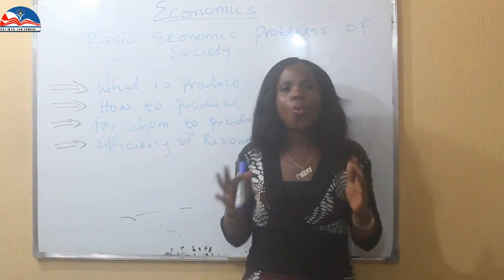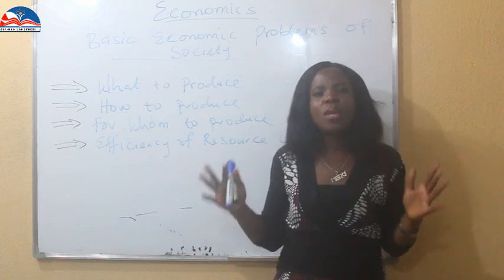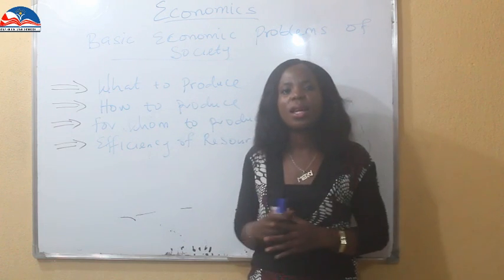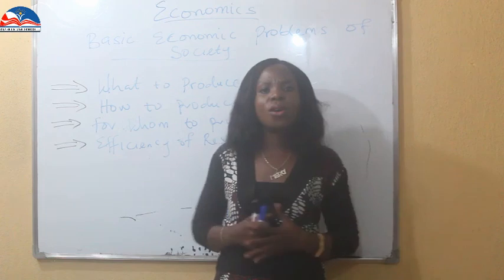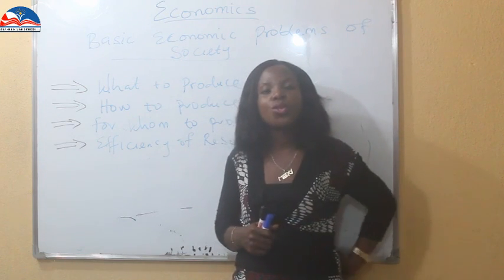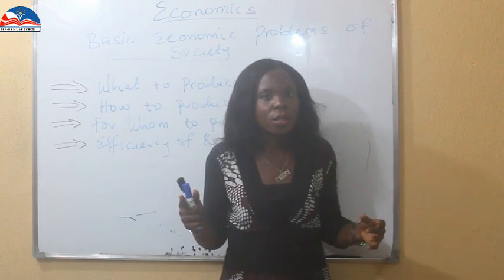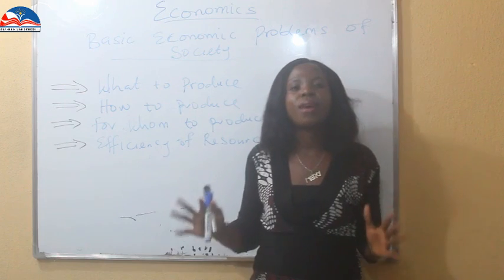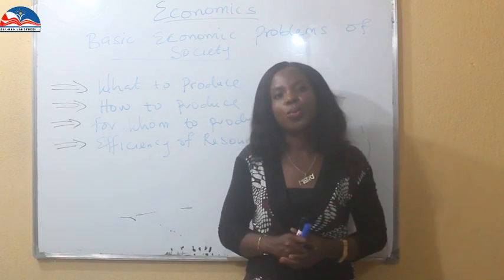Or what are those things required to meet the taste of the customer at a particular given time? So basic economic problems have to do with how production can get to the final consumer and satisfy them the way it ought to.